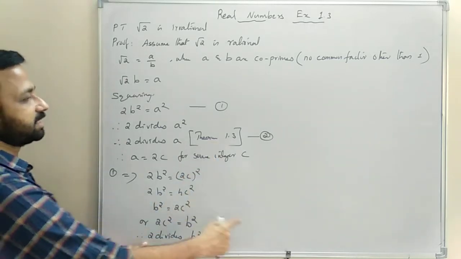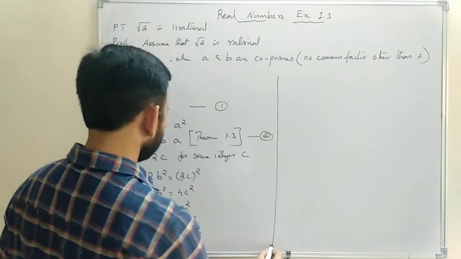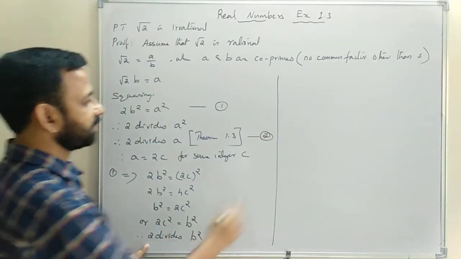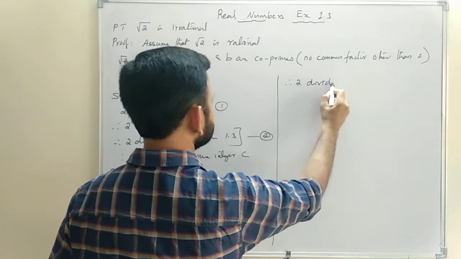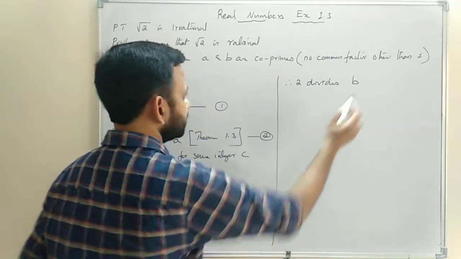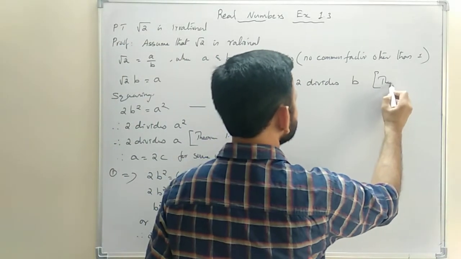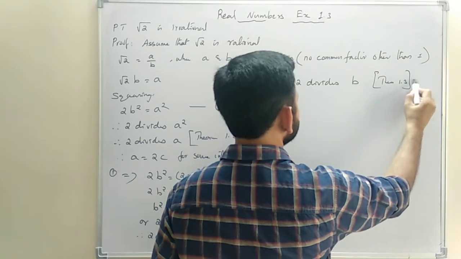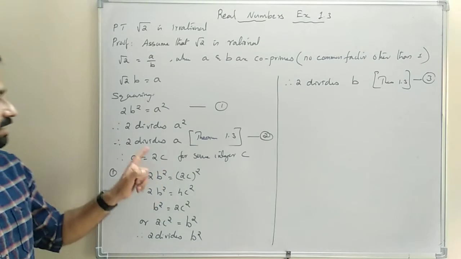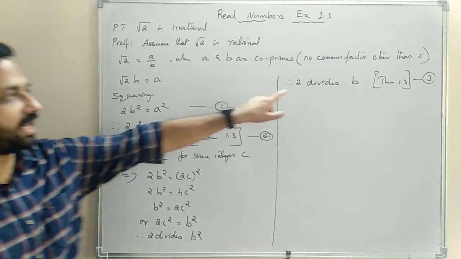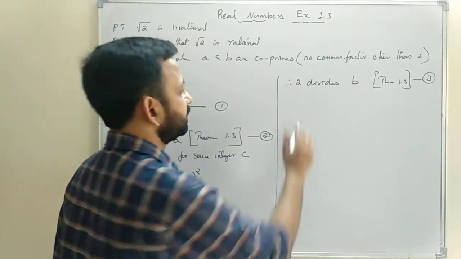Again we can apply theorem 1.3. If 2 divides b square, then 2 divides b. So this is statement number 3. Here the second statement is 2 divides a, and the third statement is 2 divides b.